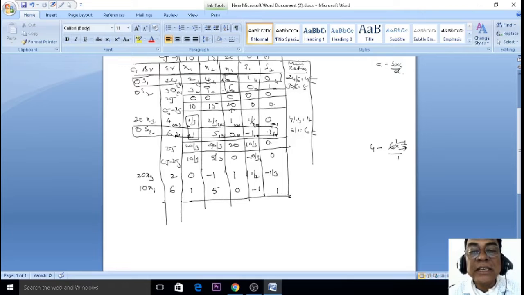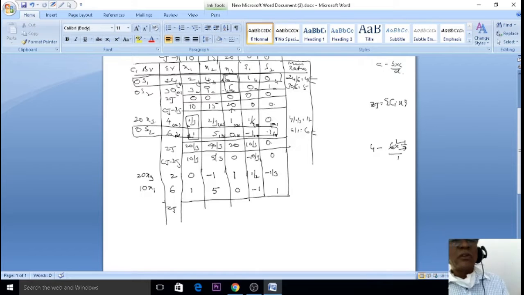What is the next step? Same thing, Zj. What is the Zj formula? Zj is nothing but sigma Ci into Xi, where i is equal to 1, 2, 3, 4. It means 20 into 0 plus 10 into 1, that is equal to 10.